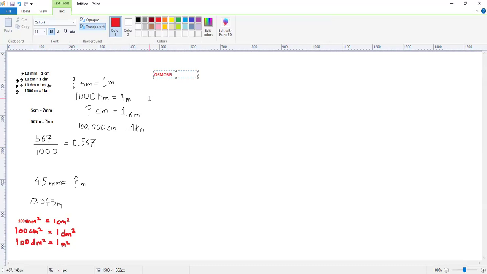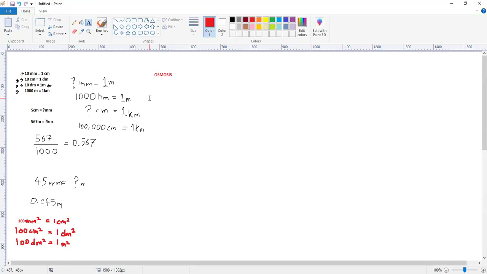Does it look familiar? Osmosis, no. Okay, it doesn't. You know what? I'm going to leave it for you to discover. Is it something to do with water? Yes, it is something to do with water, but I'll leave it for you to discover whenever they teach you in class.